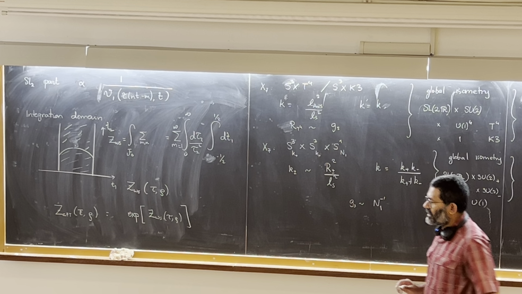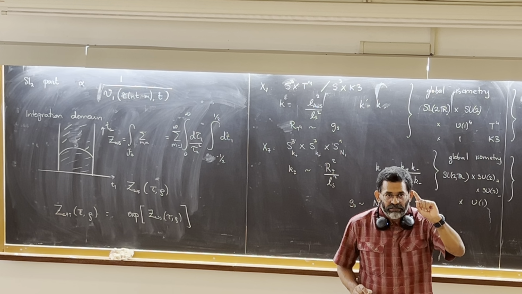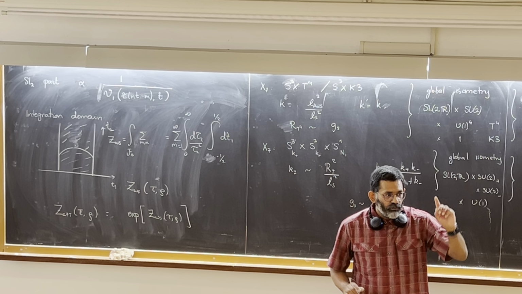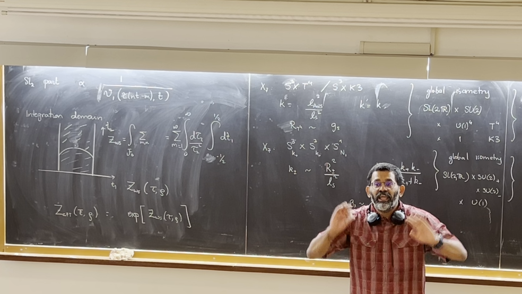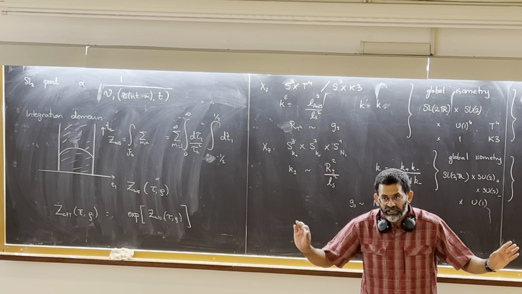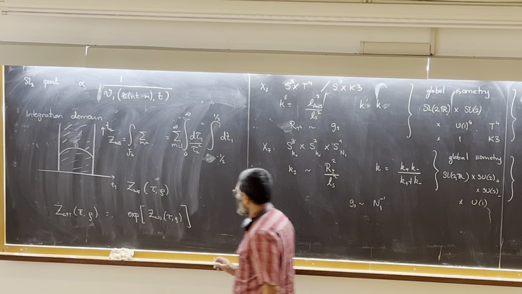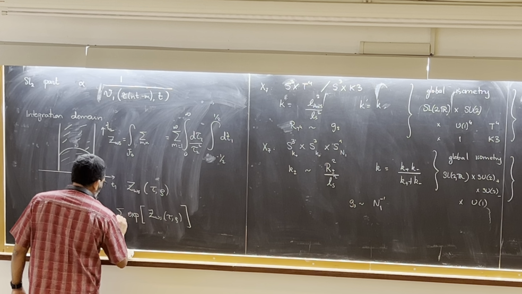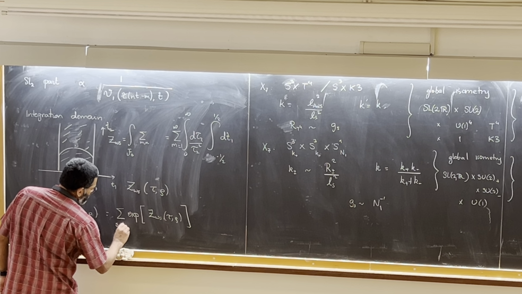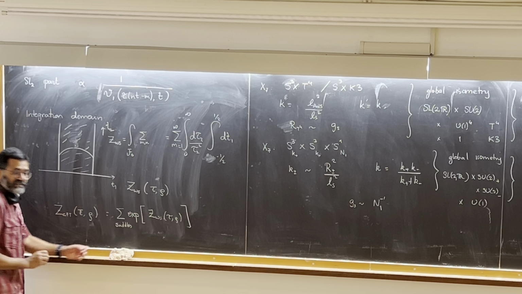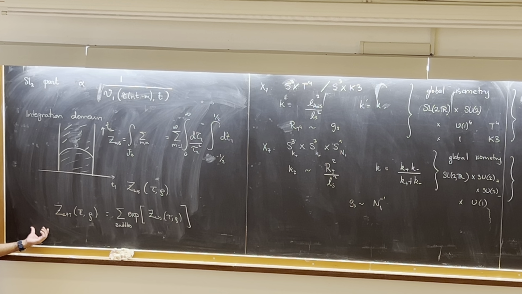But we are computing the partition function around one saddle point, just thermal AdS. We are not computing the partition function around every saddle point of the string worldsheet theory. So what we should expect is a sum over saddles, and that's the thing that gives us a modular invariant answer.